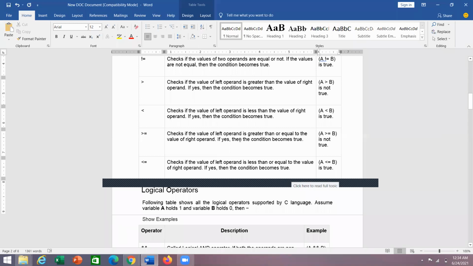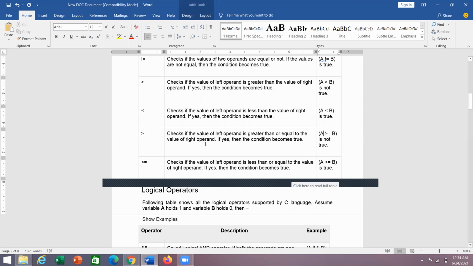If either one is right, the condition becomes true. If it is greater, that is okay, or if it is equal, that is also okay. If both are false, it becomes false.